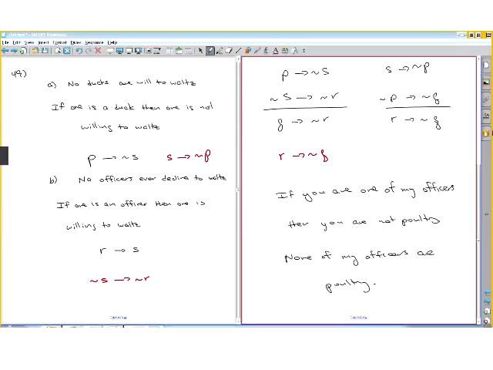So I'm just going to pause for a second here and think about this. Okay, so what the book did was use this one instead of that one.